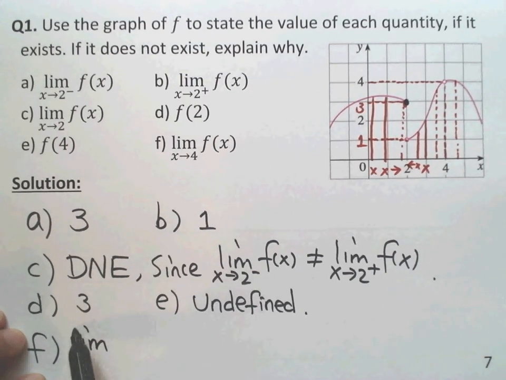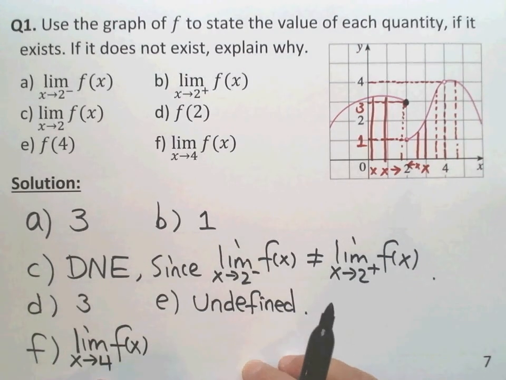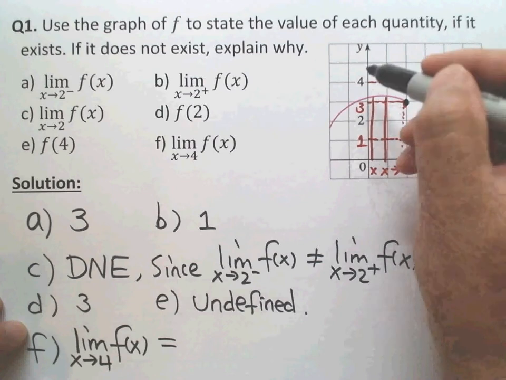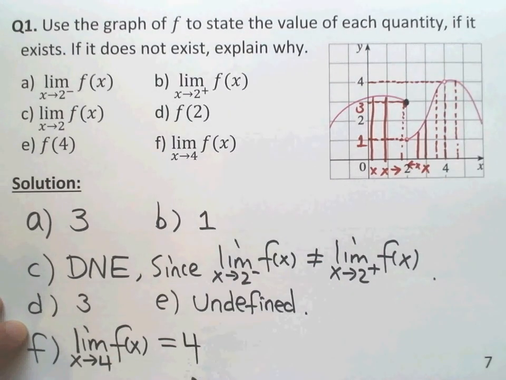So how do you say the limit? Now we can say the limit of f(x) as x approaches 4, following this notation, equals 4. What is the reason? We have to show the reason.